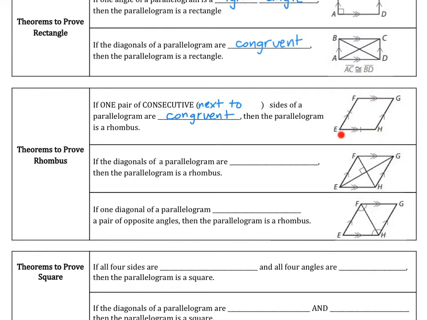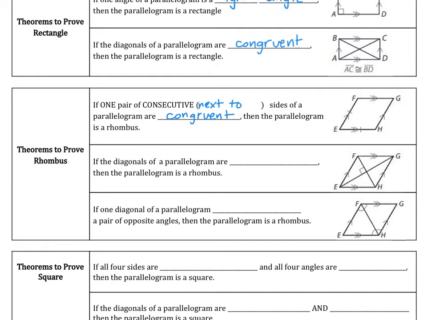So you can see here we have a parallelogram, and it shows in the picture that EH is congruent to EF. So since these two sides are consecutive, they're next to each other and they share a common point, we know that this parallelogram is a rhombus.